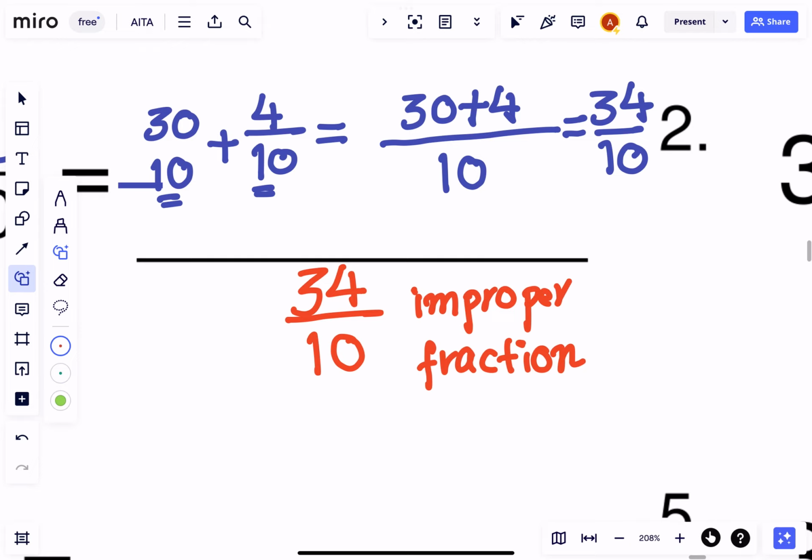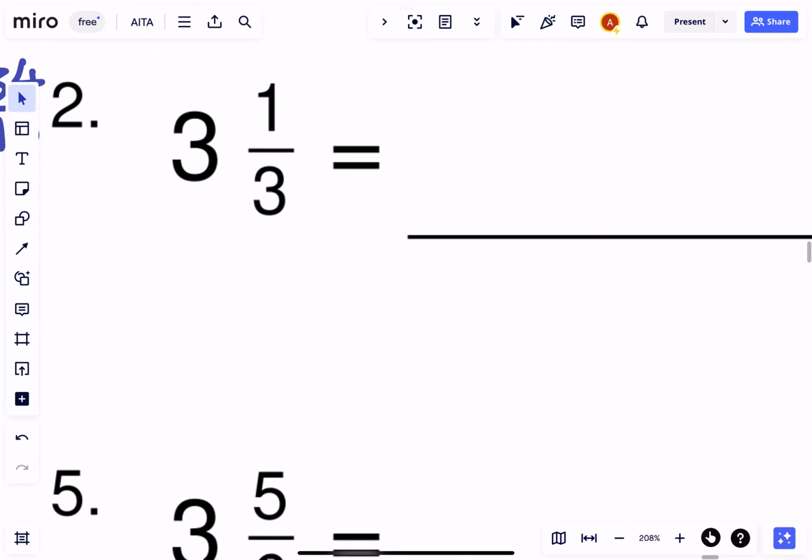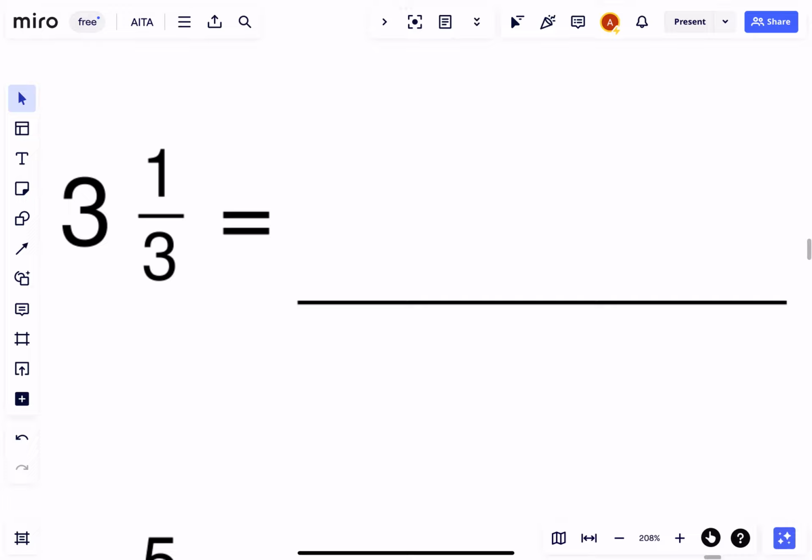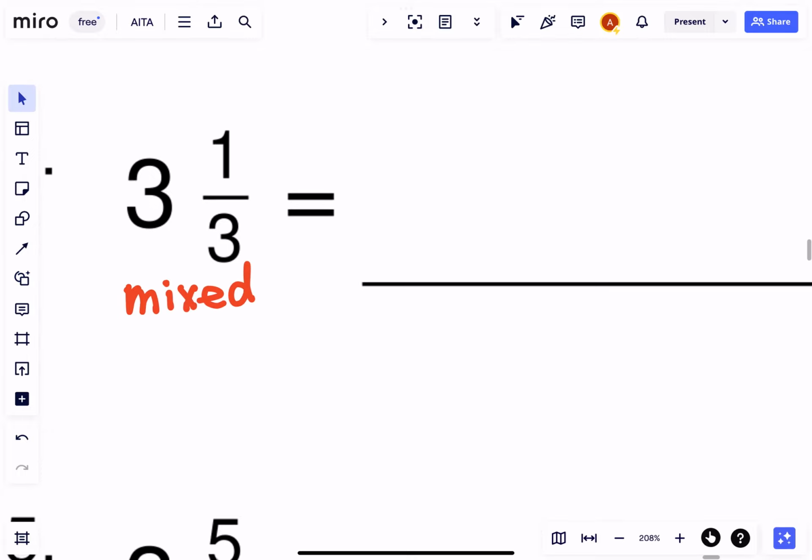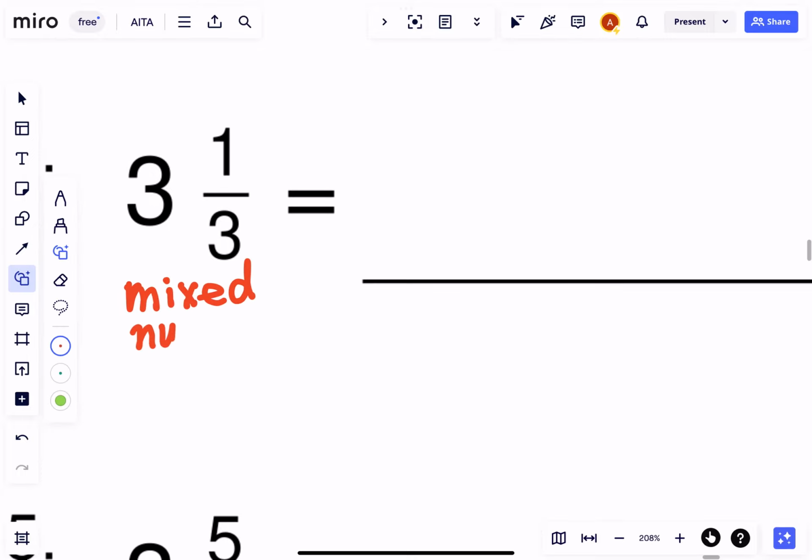Okay, so let's do one more, and then I will let you do everything on your own. Again, 3 and 1 upon 3 is, as we know, a mixed number.